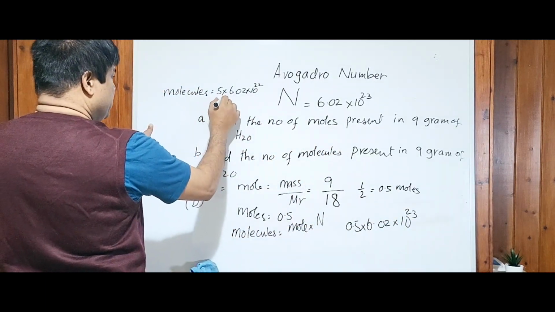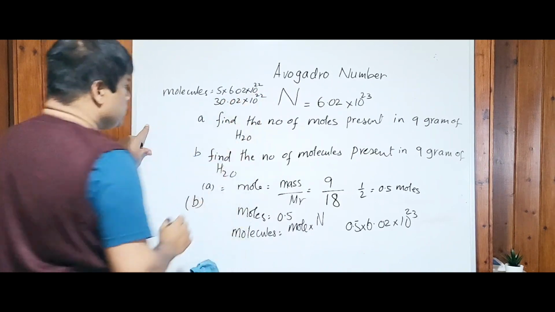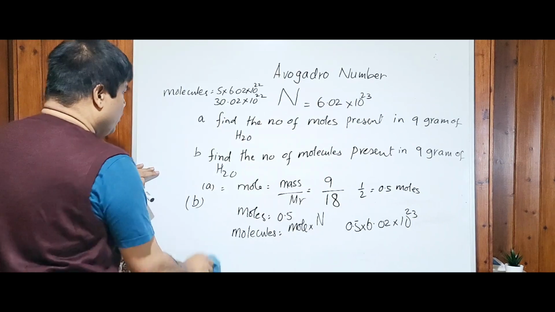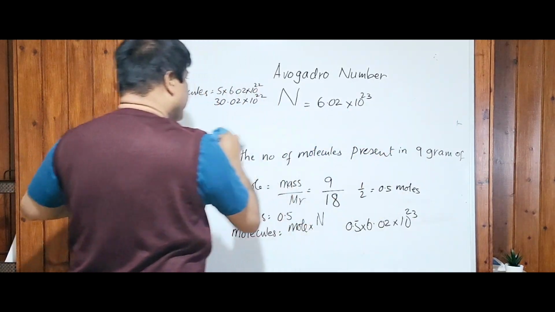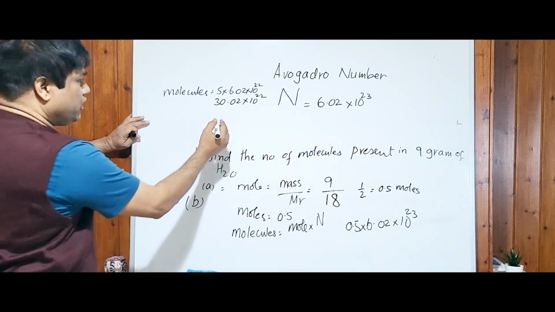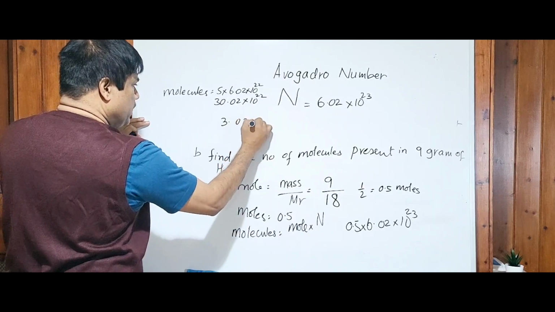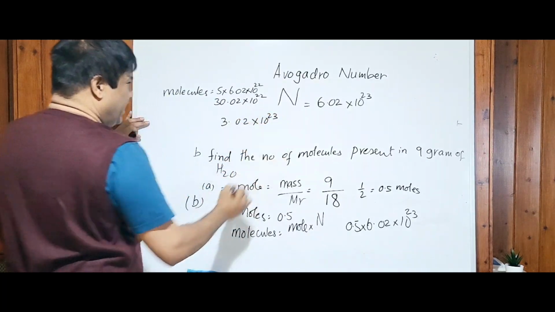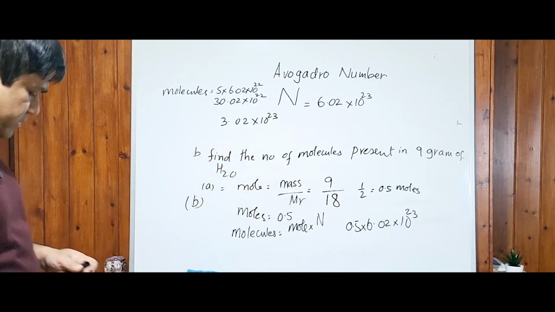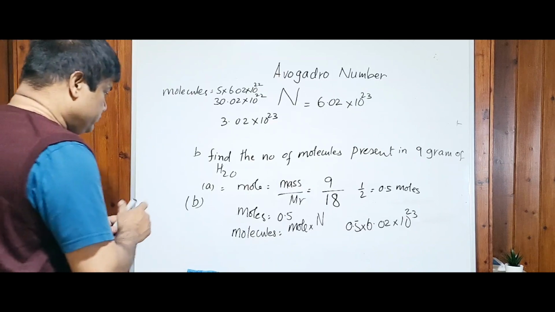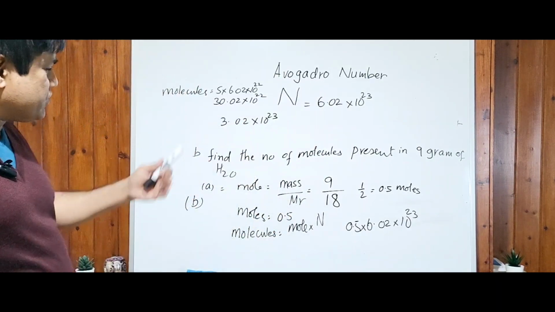So 30.1 into 10 to the power of 22, or 3.01 into 10 to the power of 23. It's just a calculation, so you can use the calculator. Mostly, I'm not using the calculator because I have a habit of doing this kind of maths.